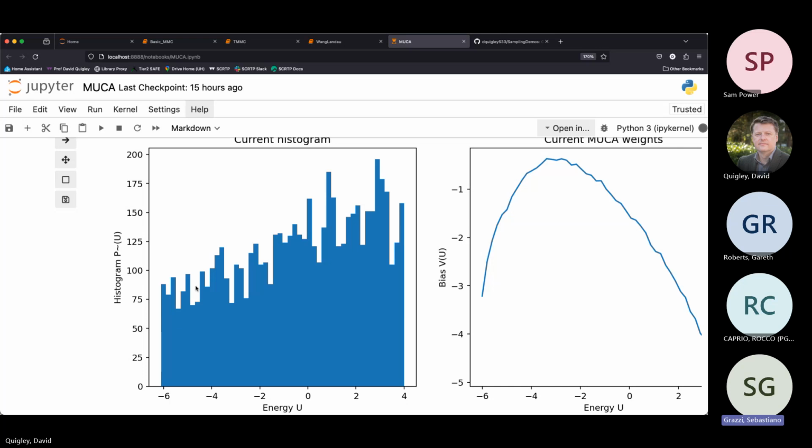Also, how fast you do the reset will depend on the particular partition of the energy that you're using. So if I had very narrow bins, then I have to wait longer to make sure that I haven't got any holes in the sample space.